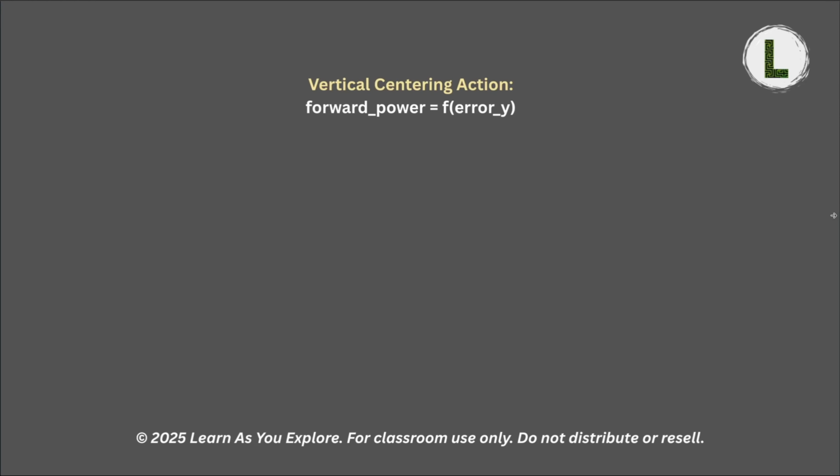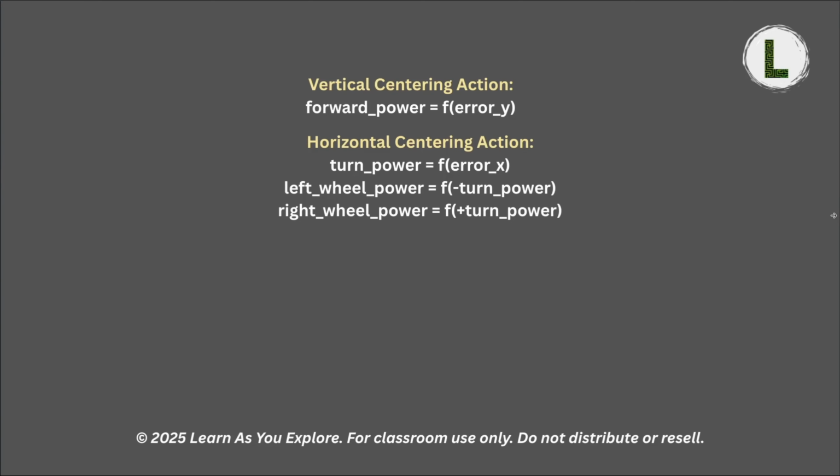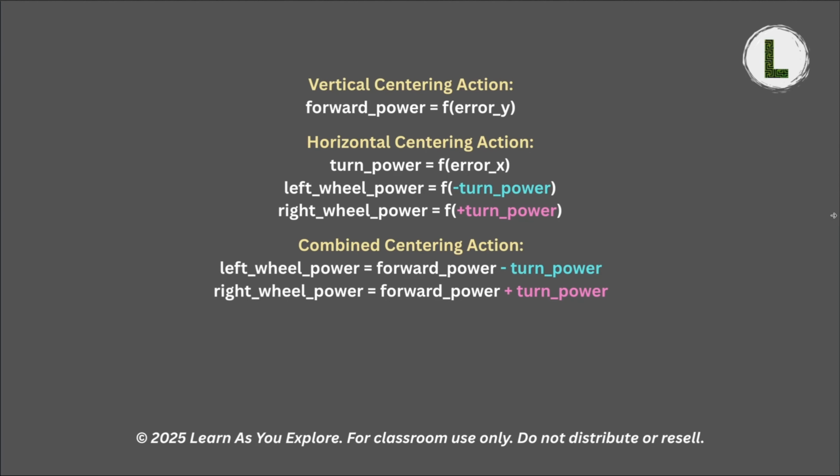So vertical centering action can be achieved with a forward power as a function of error Y. We know that the horizontal centering action can be achieved with a turn power, which is a function of error X. And left wheel power is a function of negative turn power, and right wheel power is a function of positive turn power. To combine the two centering actions, we can simply sum up the forward power and the turn power.